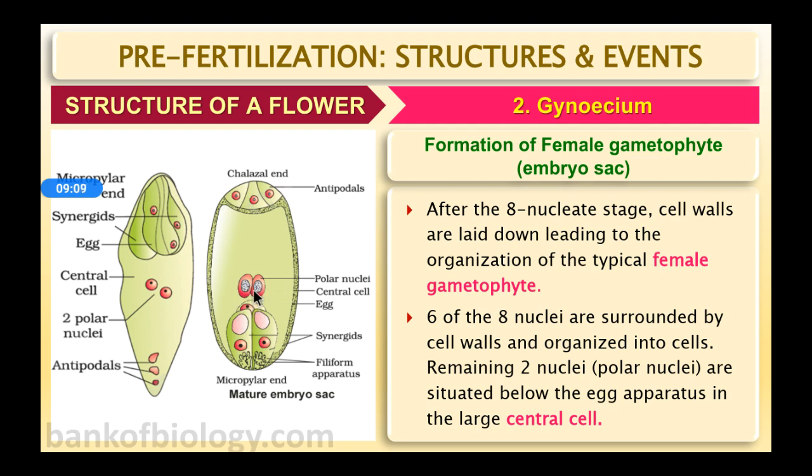So as the fusion takes place, one male gamete fuses with the egg and one fuses with the central cell. So two fertilizations are taking place, one in the egg and one in the central cell.